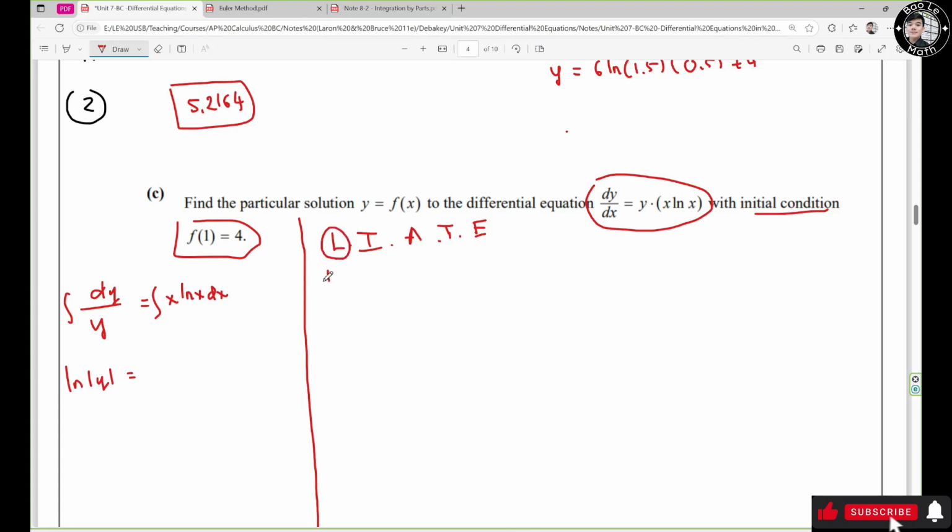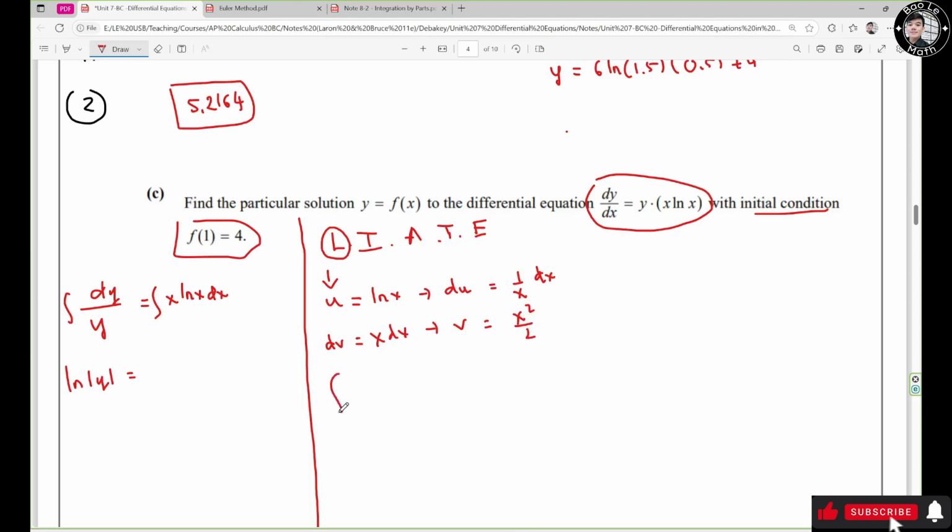We need to let this one be u. So we let u equals natural log of s, then du equals 1 over s ds. Now dv equals the remaining one, which is s times ds. Then we have v equals s squared over 2.